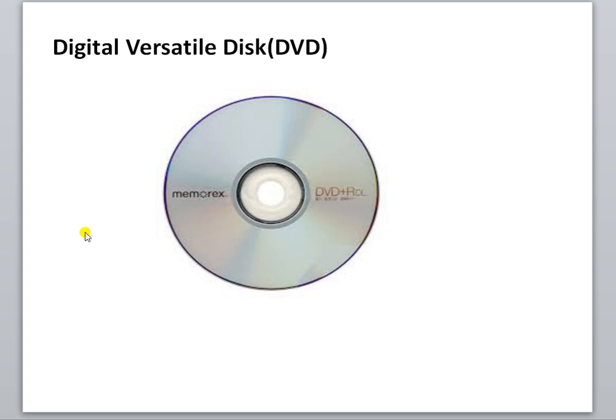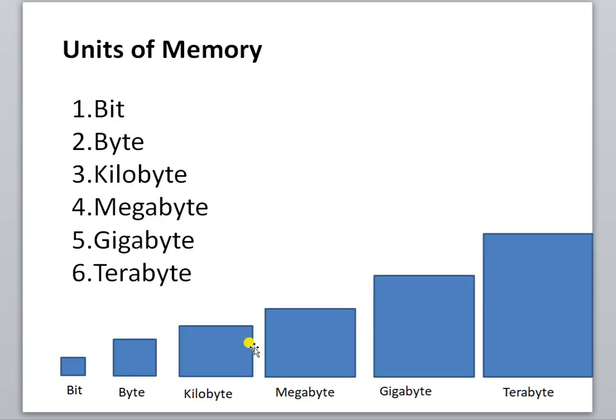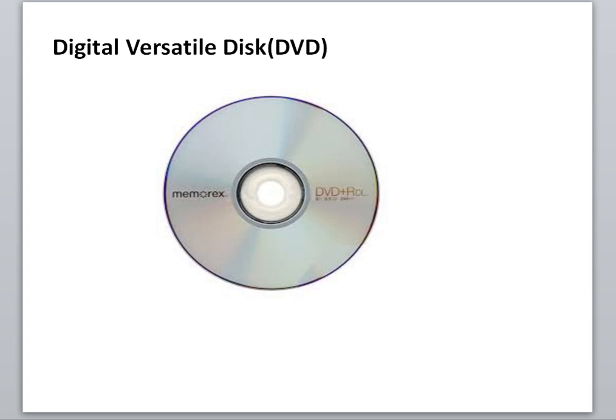GB means gigabyte. 4 gigabyte to 17 gigabyte. We have seen these units of memory. See here, megabyte and gigabyte is large. DVD's capacity is more than CD, which stores data in gigabytes.